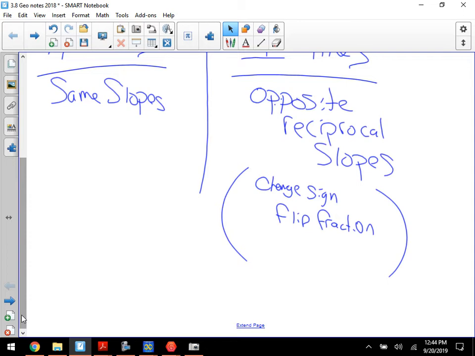So parallel lines have the same slopes. And then perpendicular lines have what are called opposite reciprocal slopes. Okay.